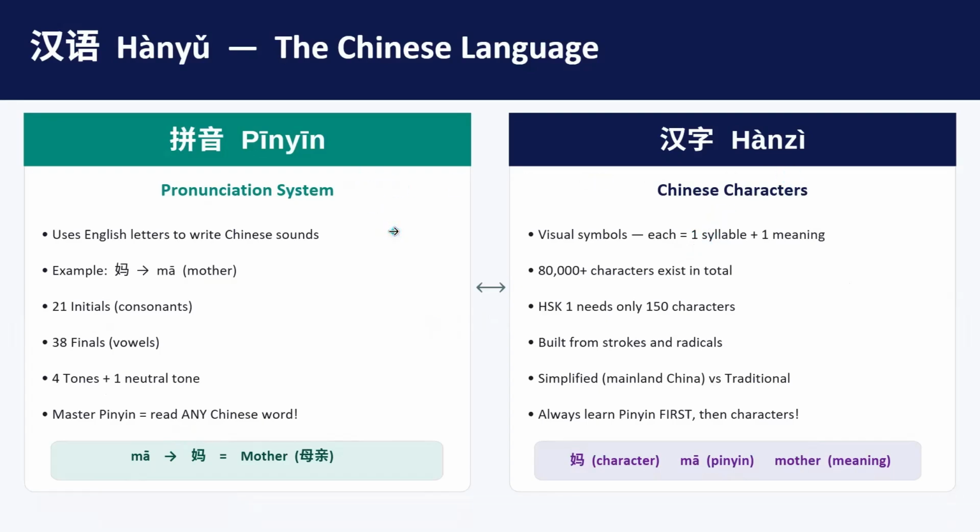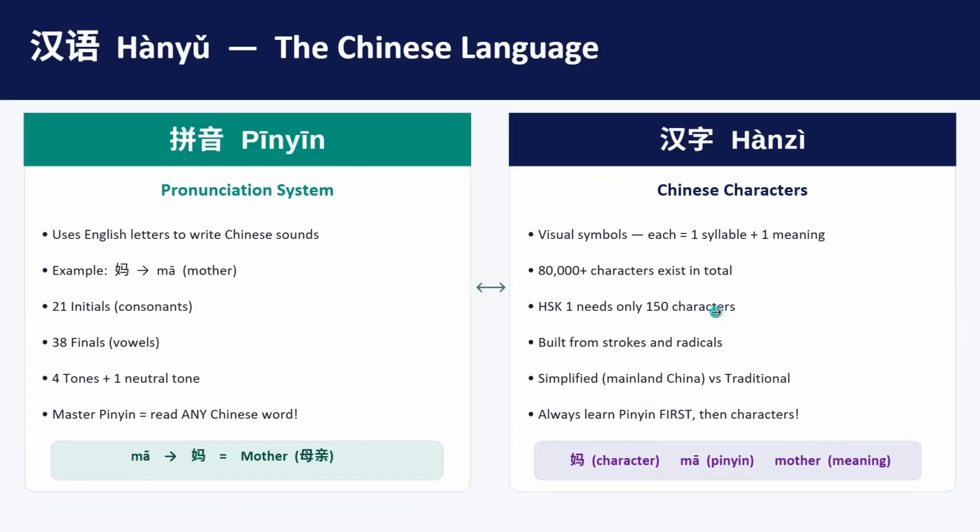So we always have to learn pinyin first, then go to characters. We will learn pinyin first, how to introduce ourselves in this lesson today. Then gradually we learn Chinese characters also. So for that, stay with me, stay with our channel.